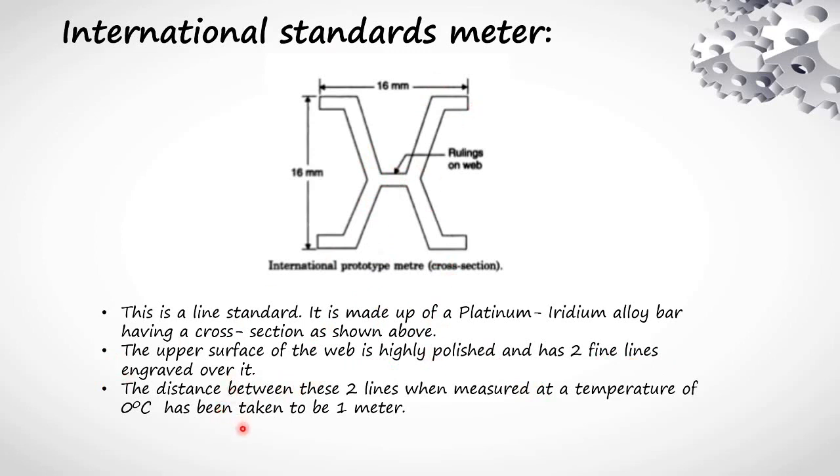The distance between these two lines, when measured at a temperature of 0 degrees, has been taken to be 1 meter. And the important thing about this international standard meter is that it is maintained by the International Bureau of Weights and Measures in France.